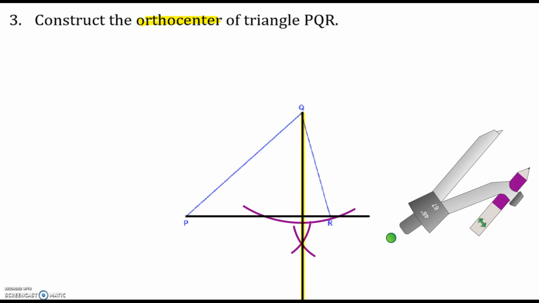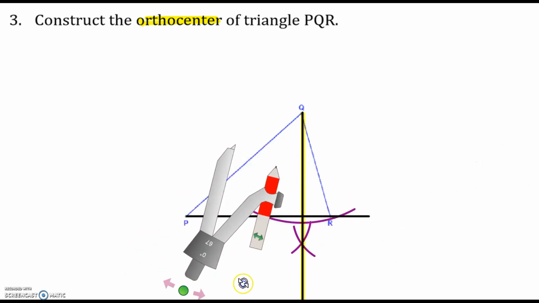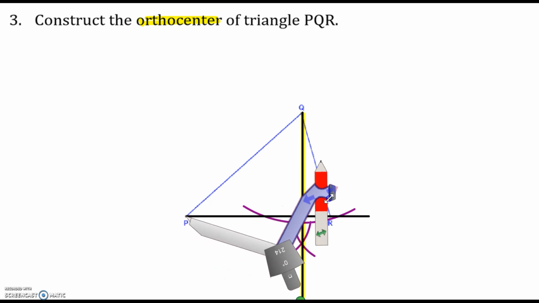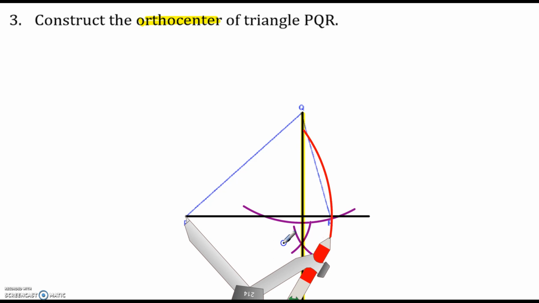We're also going to create an altitude from another point. Let's start at P. And just like earlier, we're going to start with our compass point on P, and we're going to open it, and we're going to create an arc that crosses the opposite side in 2 spots. And if you do need to extend that side again, you can. So here we can extend side QR so that we actually get 2 intersections with that red arc.